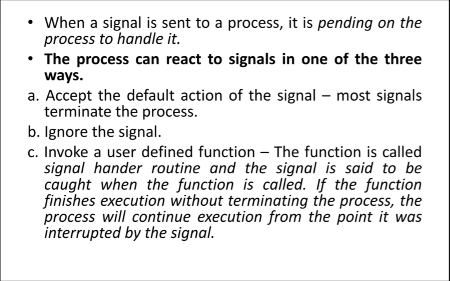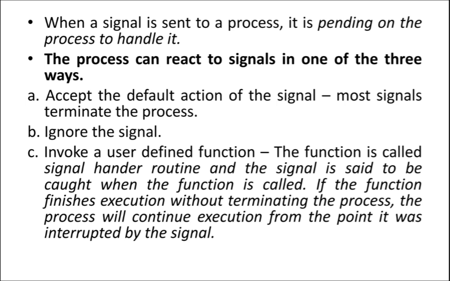First, it will accept the default action of the signal. Obviously, it will do whatever default action is defined for that signal. You know that most signals have a terminate default action. That is the first choice.